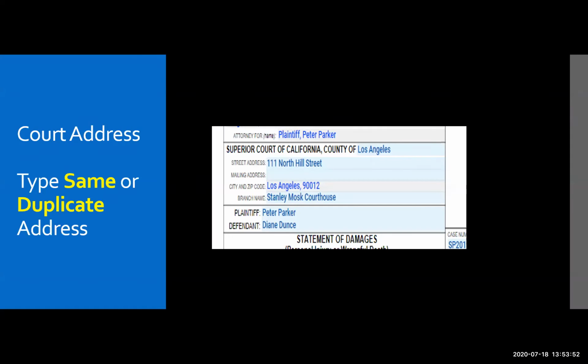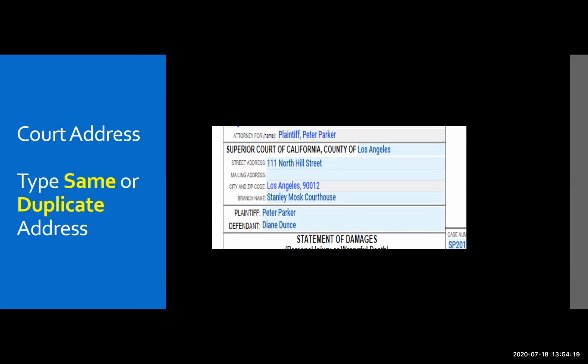Court address. You have a couple of options with the court address. So let's look at the screenshot. It says Superior Court of California, County of, and then you type in Los Angeles. But notice it has a street address and a mailing address.